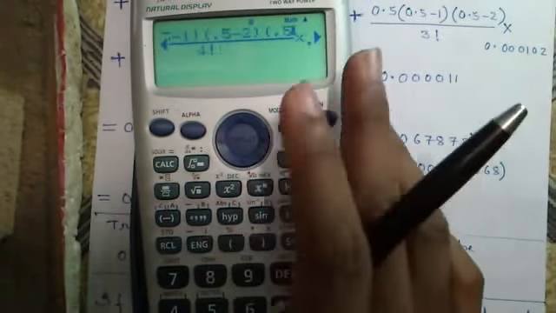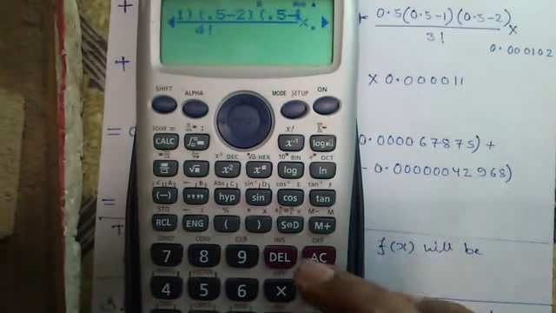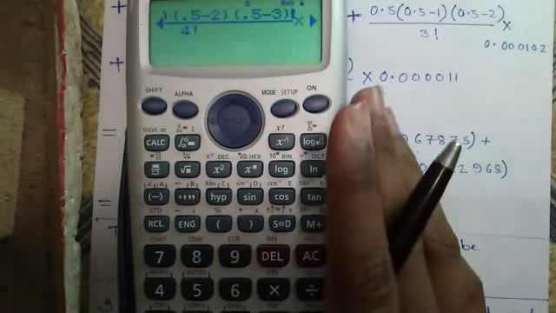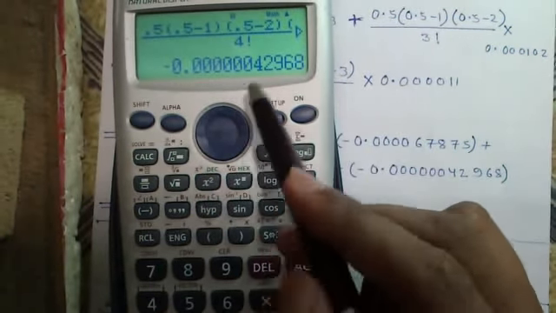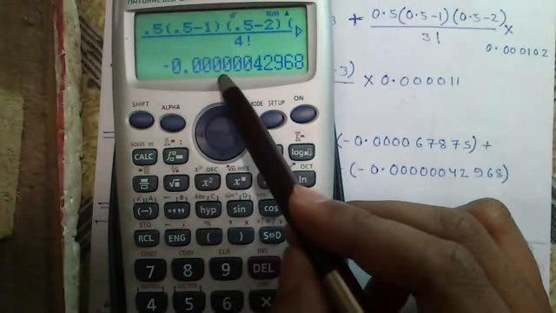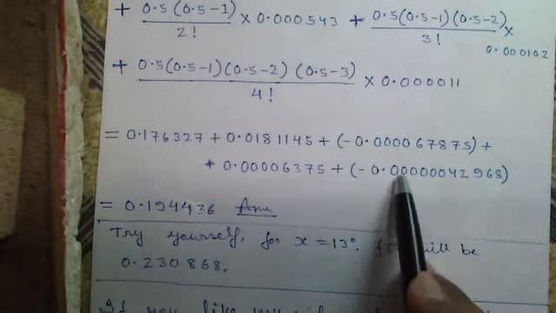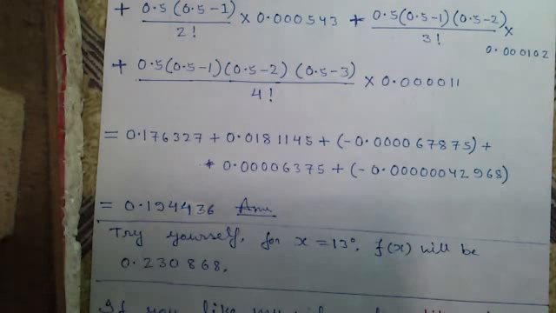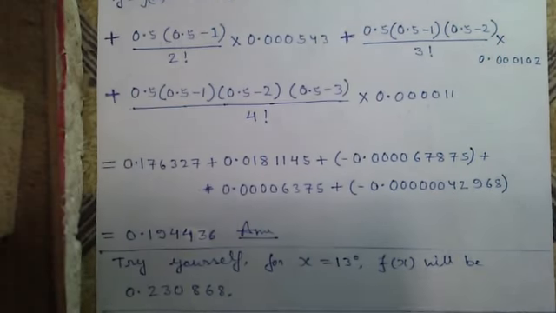Now 0.5 minus 3. Press the bracket and press equals to. So you will get minus 0.1234560, minus 0.6042968. Add up all these values, you will get this, and this is our required answer.